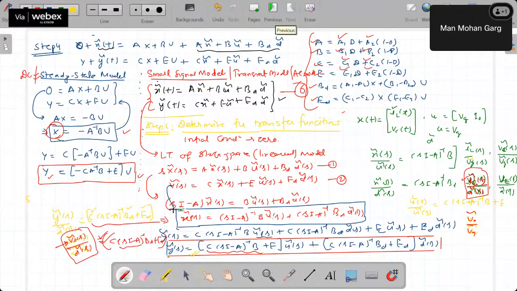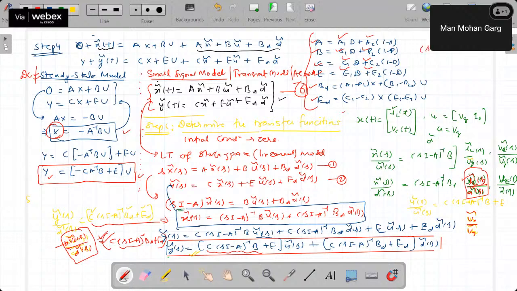And what is the basic formula for the inverse of any matrix? Let's say SI minus A is our matrix. If you want to get the inverse of this, what is the basic formula? Adjoint of SI minus A divided by the determinant of it, right?